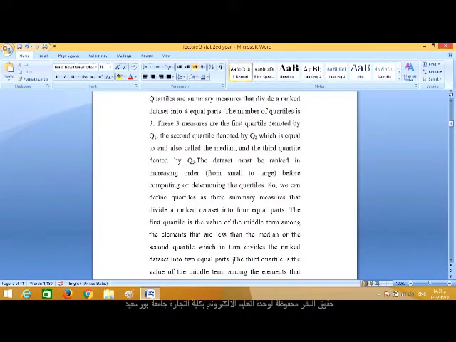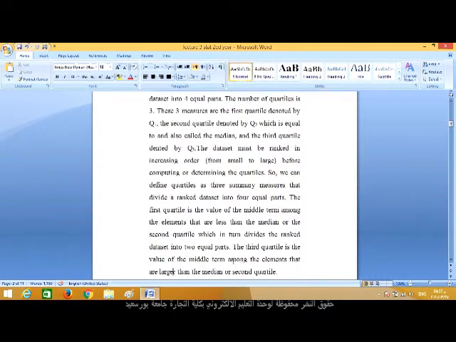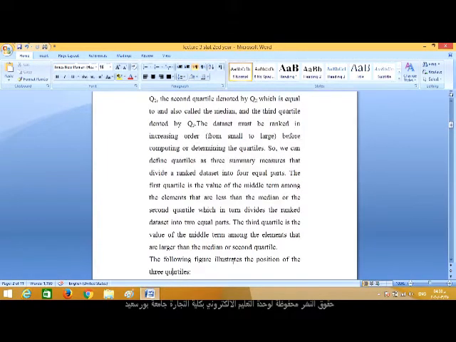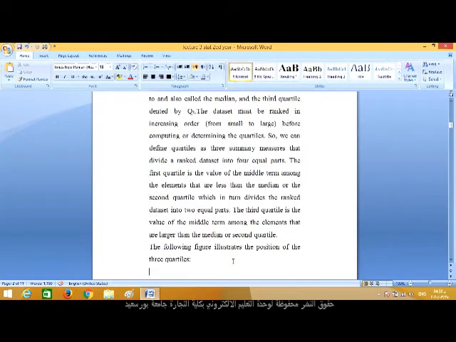The third quartile is the value of the middle term among the elements that are larger than the median, or second quartile. Okay, the following figure illustrates the position of the three quartiles.